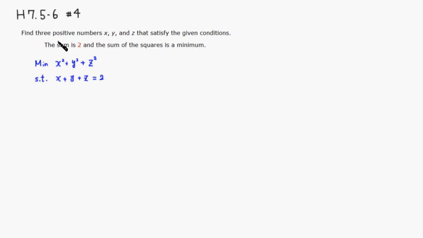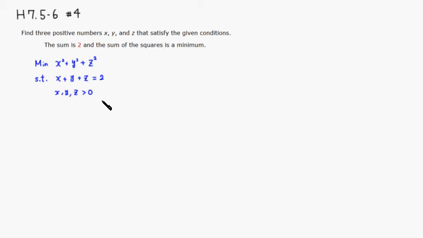And it says the three positive numbers, so we know that x, y, and z are all positive numbers.